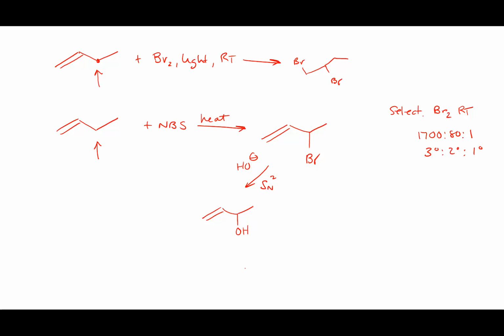But if I used H2O, then I would get a mixture of the kinetic and the thermodynamic products. So if I just want to do an SN2 reaction, use a strong nucleophile.